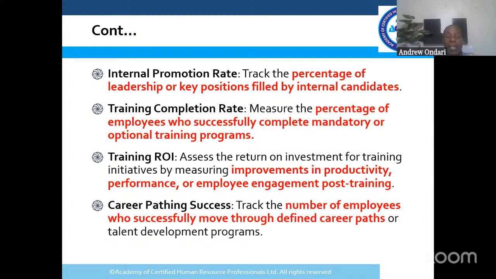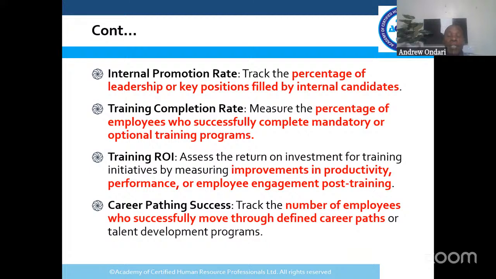The last aspect of audit in employee development or talent development is career pathing. That is the number of people who successfully move through defined career paths. I may have mentioned before that people should grow within their department or their areas of specialization.